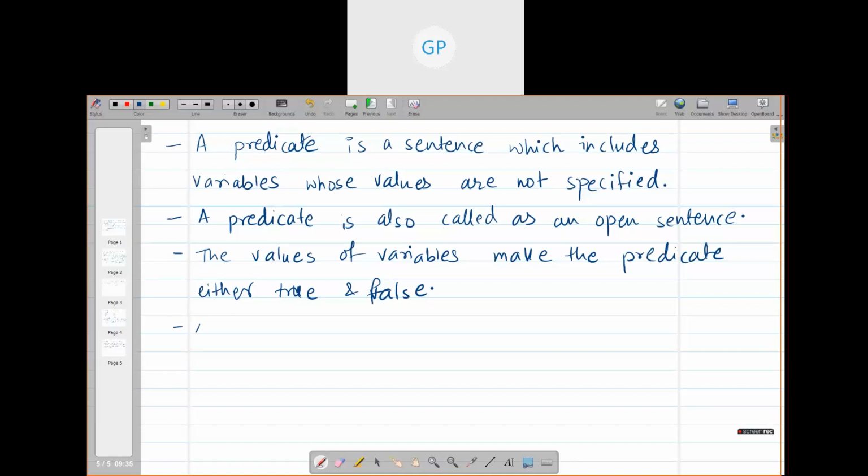Yes, ma'am. We will write the examples. First, let us write these few facts. A predicate having one variable is called a one place predicate.